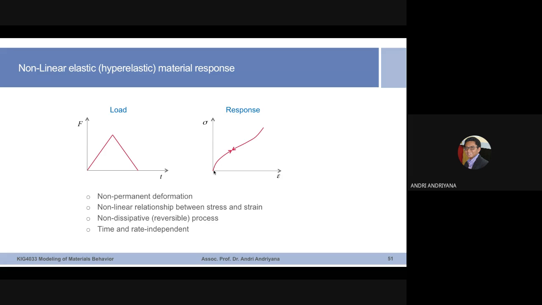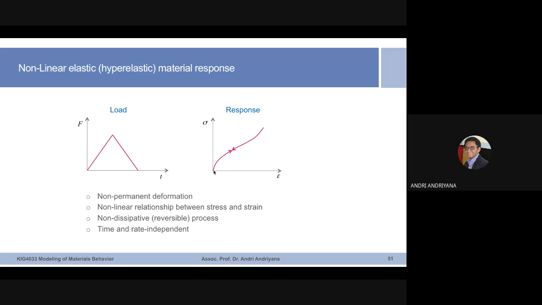And this kind of response is called as nonlinear elastic material response, or typically called also as hyperelastic. The materials which show these kinds of response are typically rubber materials, especially with low amount of filler. Okay. Vulcanized rubber with low amount of filler usually show this nonlinear elastic material response.